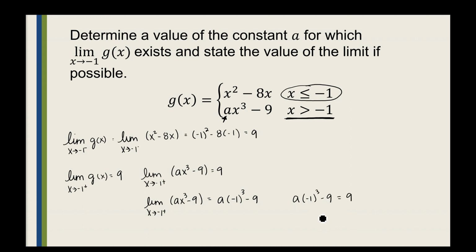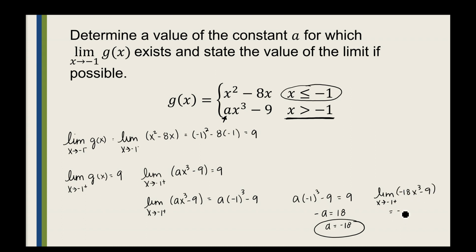So we would get negative a equals 18, which would mean that a equals -18. And so if a is equal to -18, then we would have the limit as x approaches -1 from the right of -18 x cubed minus 9.